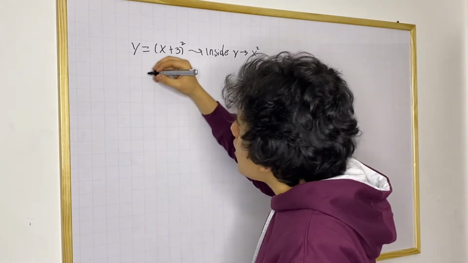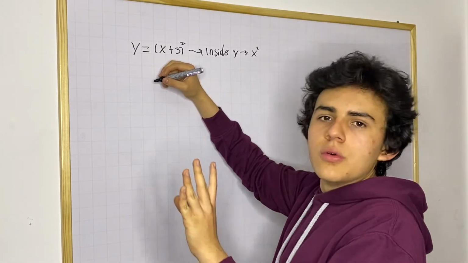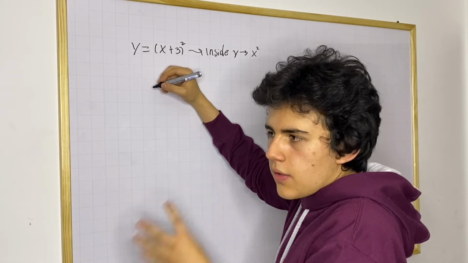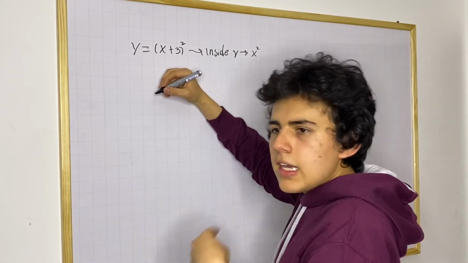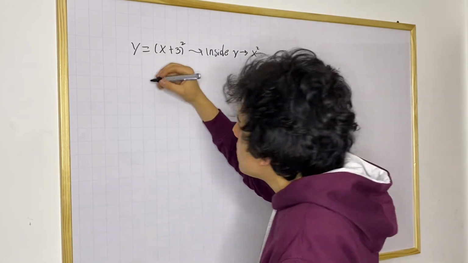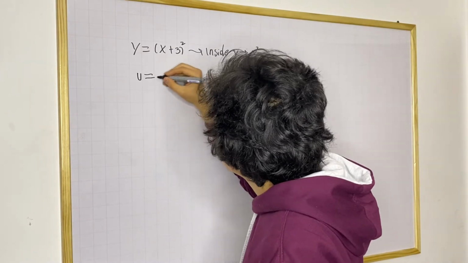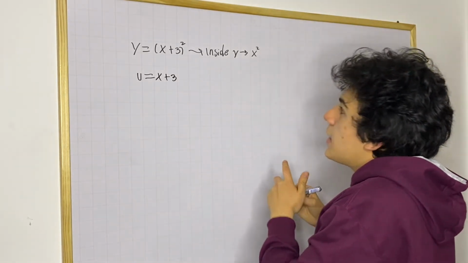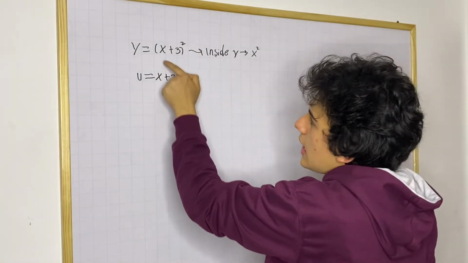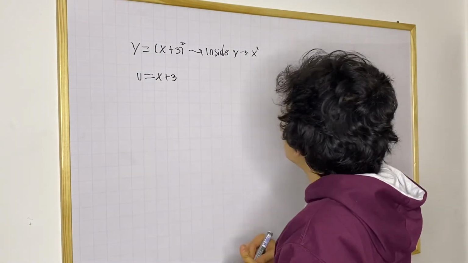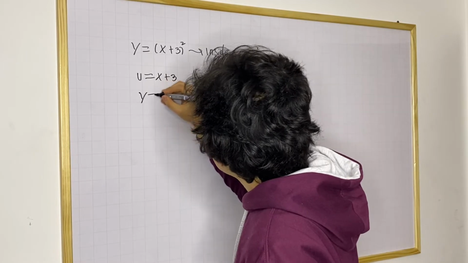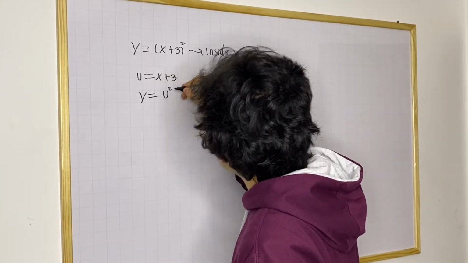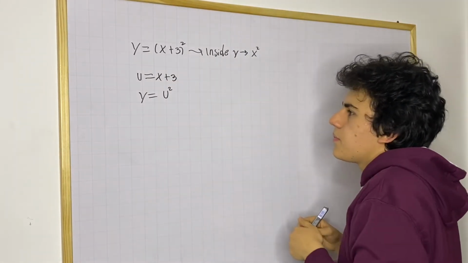I'm going to call that function just simply u, okay? You can call it whatever you want. You can call it C, A, whatever, okay? I'm just going to call it u. Now, u in this case would be x + 3. And that would give us that if we let x + 3 be equal to u, then y is just simply u².